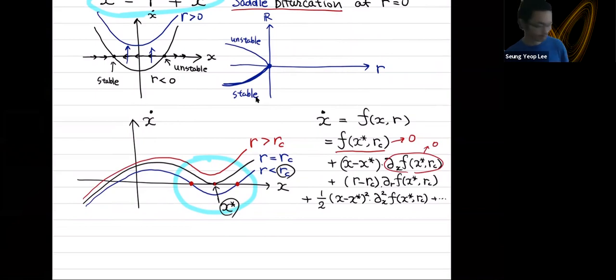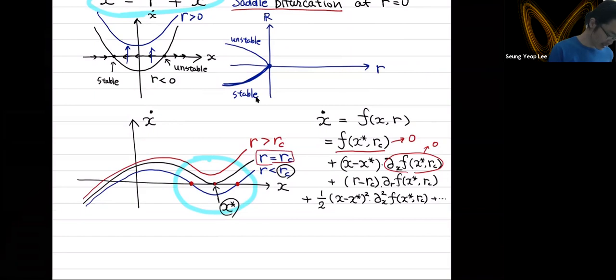Why? Because here, at x star, the slope is 0, it's horizontal. So the first two terms are 0. Among the surviving terms, the smallest terms are these two.